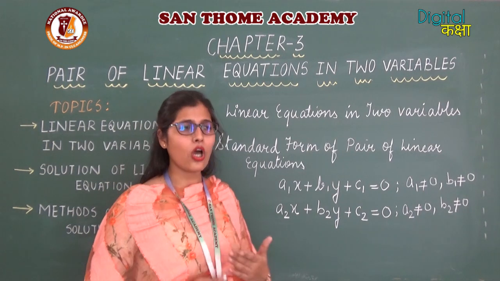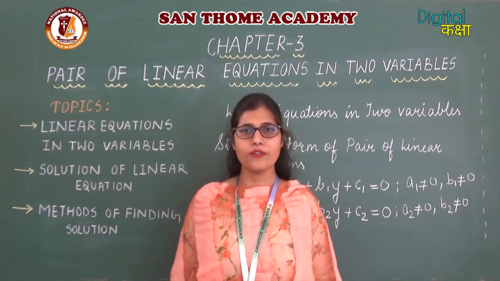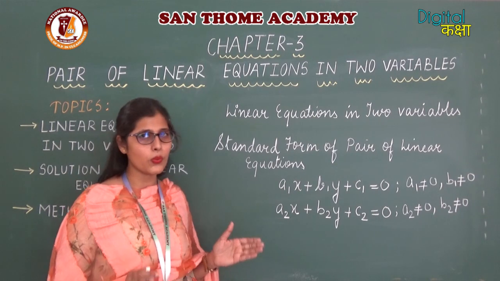When I find the value of the unknown variables, it should be such that it satisfies the given equation. Now we'll talk more about the solutions of linear equations in two variables.